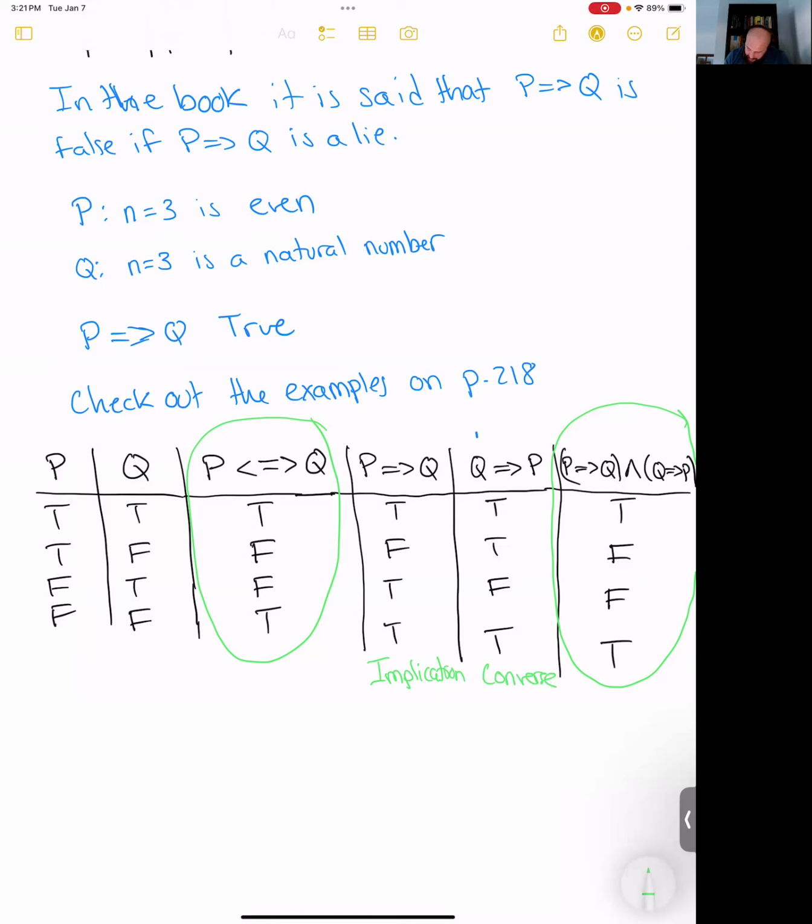So we already see that the implication is not equivalent to the converse. And we also see that P if and only if Q is equivalent to P implies Q and Q implies P. Okay, so that's important for later.